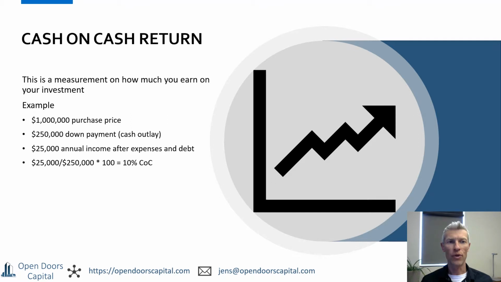Then you have $25,000 of annual income after expenses and debt. Using that formula, you take the annual income divided by the amount of money you spend, multiply it by 100, and you get a 10% cash on cash return. So that's basically you get $25,000 return on your $250,000 investment.